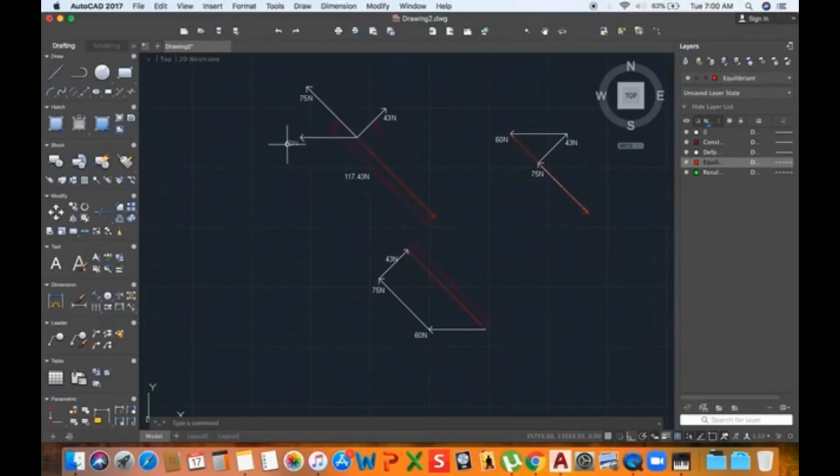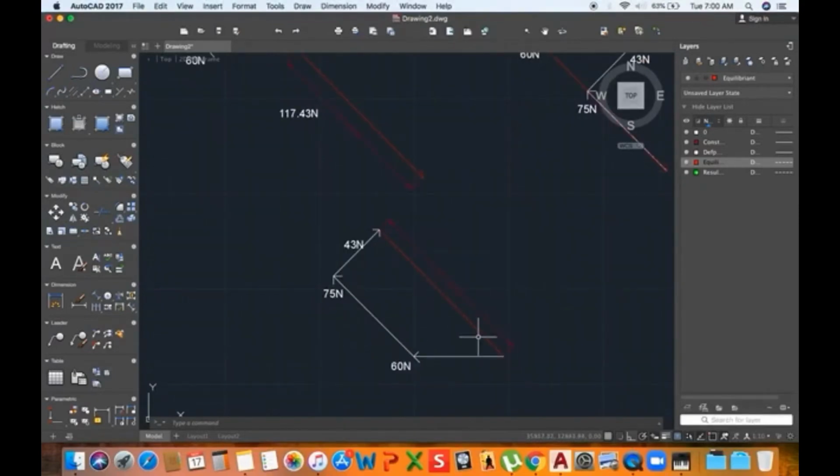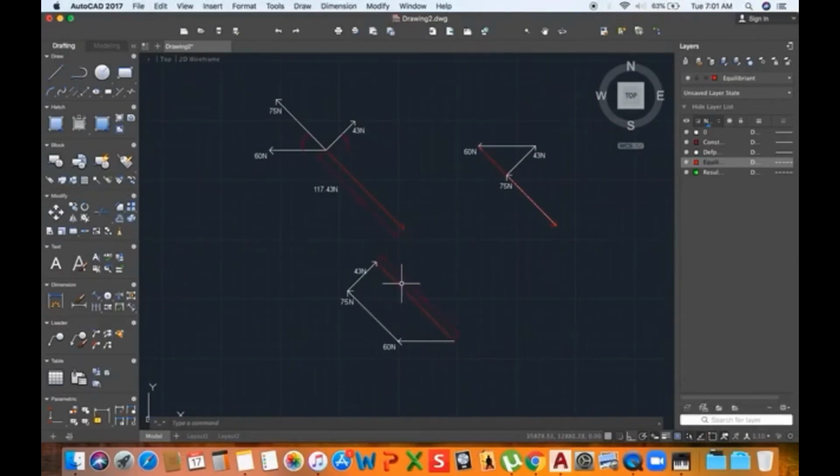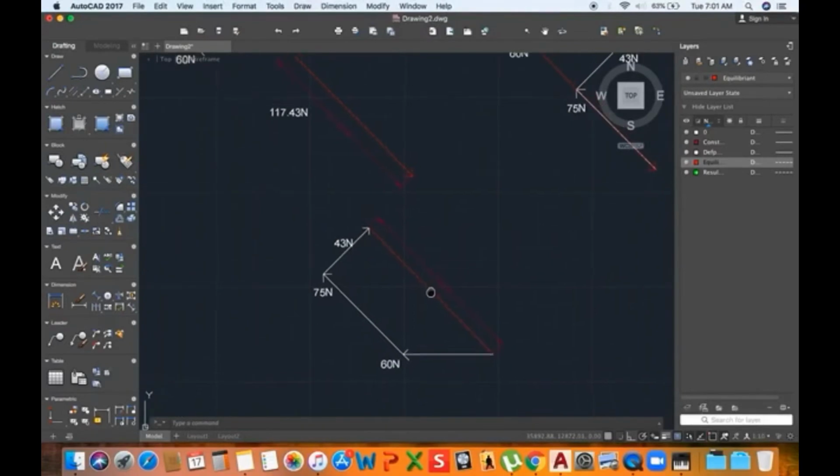We selected this first, and this first. So we're going in this direction. As I was saying, it doesn't matter which one you start with first and the direction, whether you go anti-clockwise or not, you will still end up with the same resultant or same equilibriant.